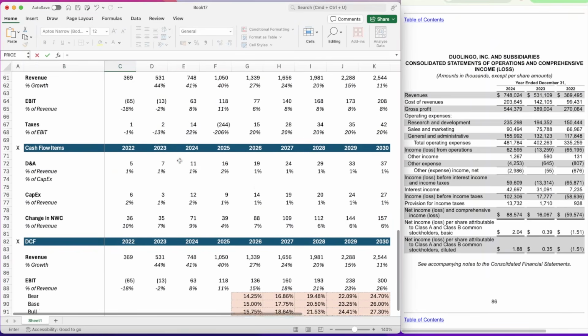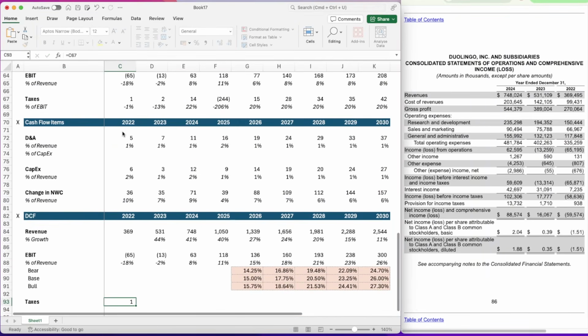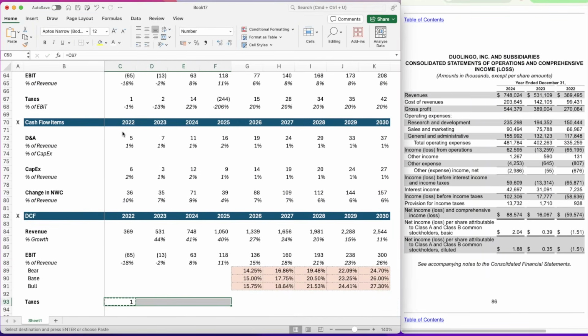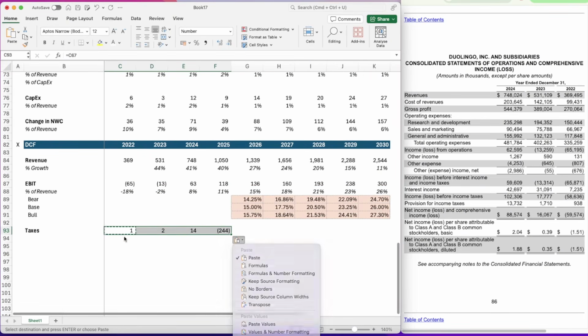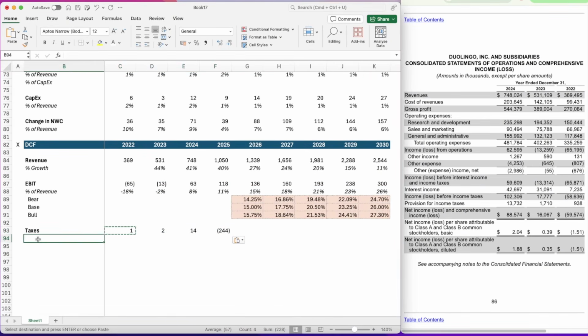Now your taxes equal to what we've calculated before. Obviously, we want the percentage of EBIT.